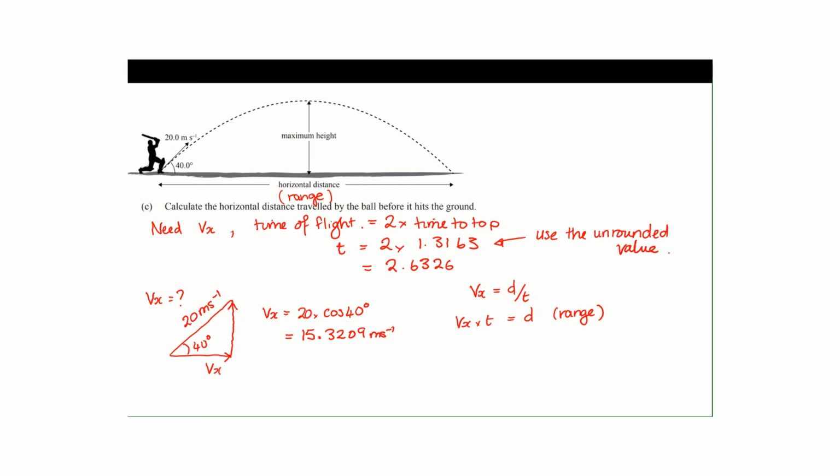Working this out, we've got 15.3209 multiplied by the time, which was 2.6326, and this will equal the distance. So the distance works out to 40.3346 meters, which if we round would give us 40.3 meters.